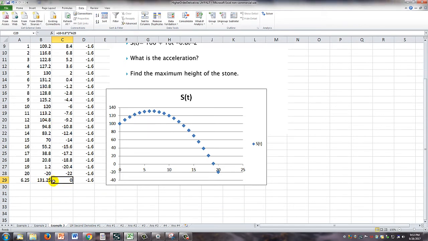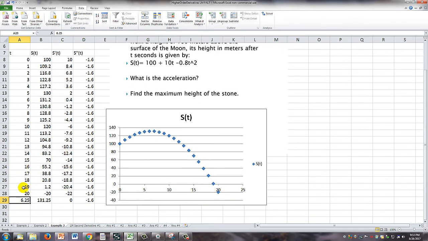And here we see that this is a minimum or maximum. The first derivative doesn't tell you which, but since you're looking at the concavity, if it's concave down, then that's a maximum. So we now know that at 6.25 seconds we have a maximum, and the maximum height of the stone is 131.25 meters.